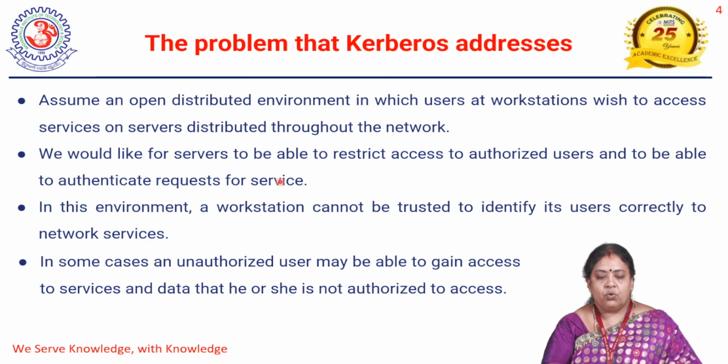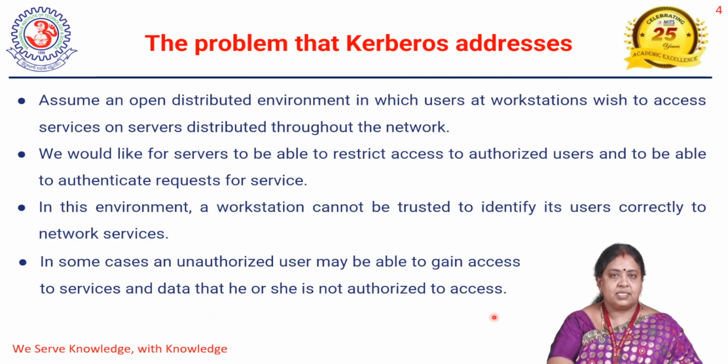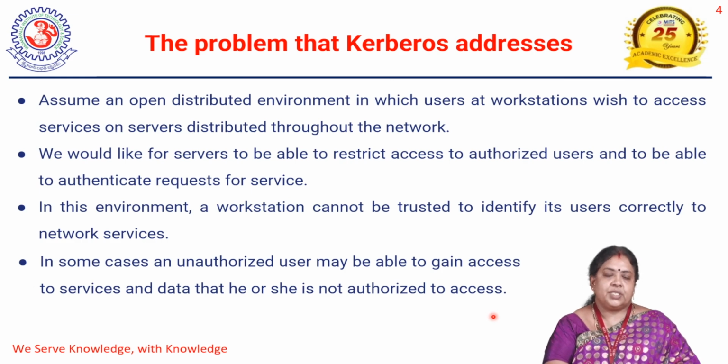Now in this environment we cannot trust the workstation to identify the user correctly. For this reason, some unauthorized users may be able to access the services and data for which that user is not authorized. That is the main problem in the distributed environment.